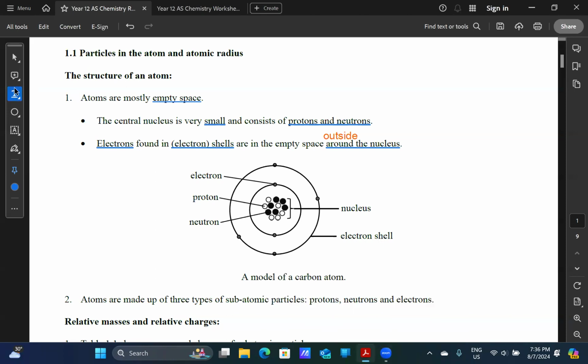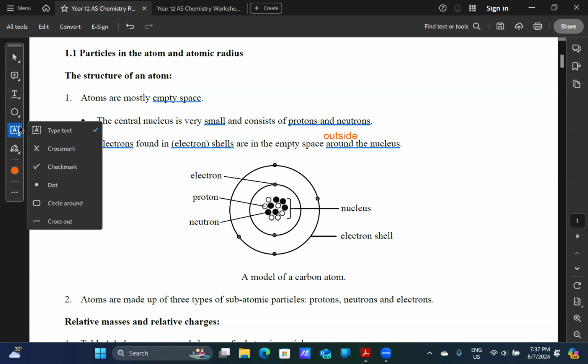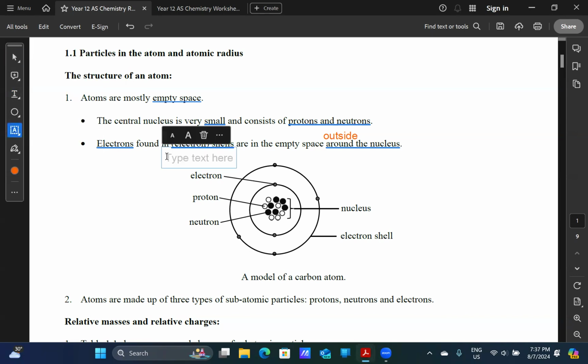I want to highlight there are a few words similar to electron shell. We will use this word more frequently in your A level. Other than electron shell, we also call this principal quantum shell or principal energy level.